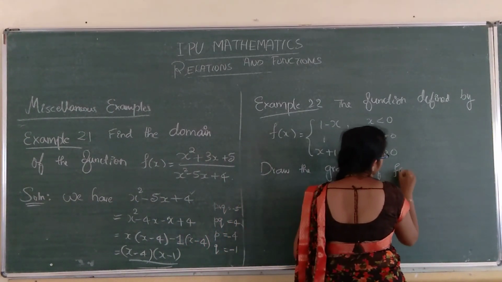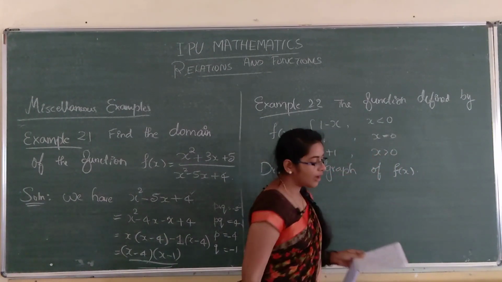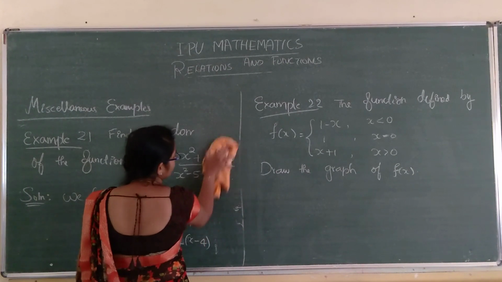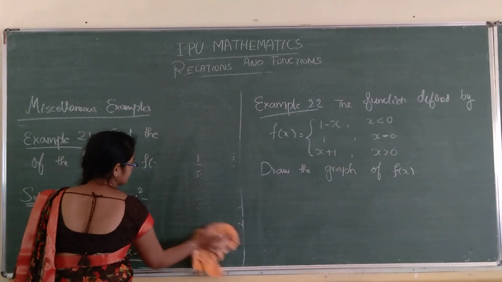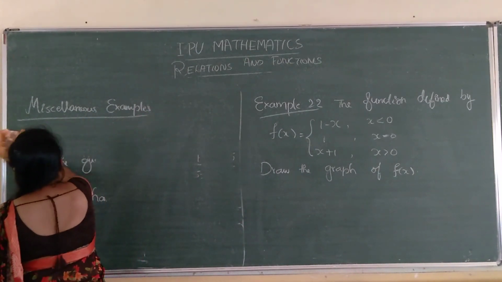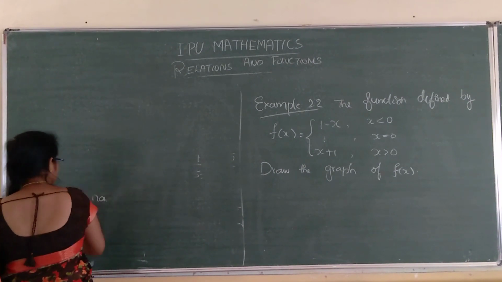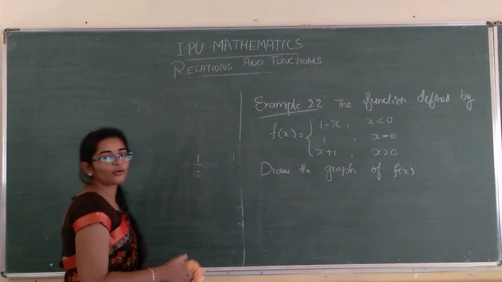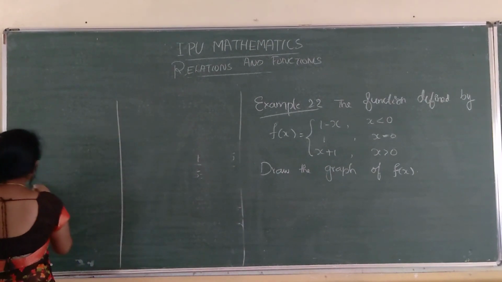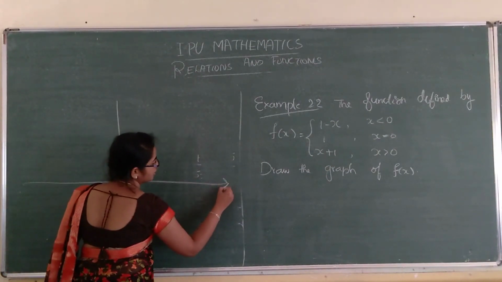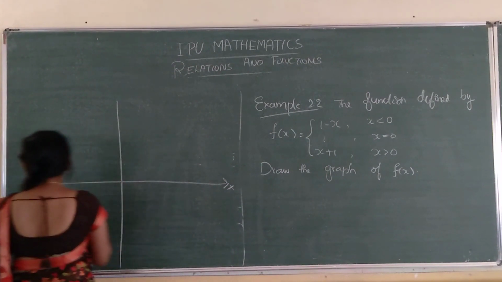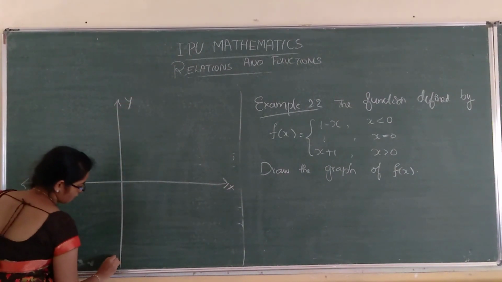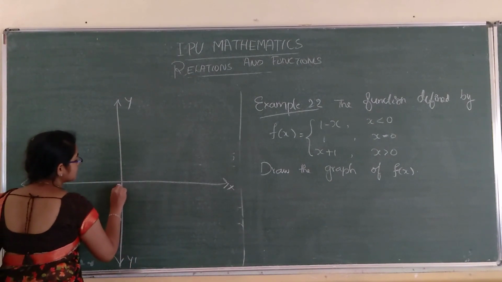See, f of x is given to be 1 minus x for x less than 0, and f of x is equal to 1 for x equal to 0, and f of x is equal to x plus 1 for x greater than 0. Draw the coordinate axes. This is x, this is x dash, y, y dash, 0.